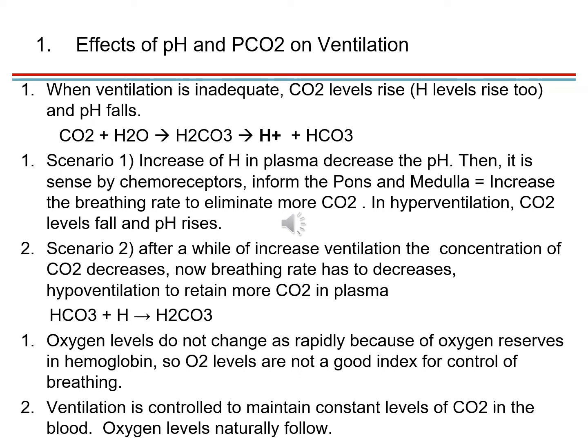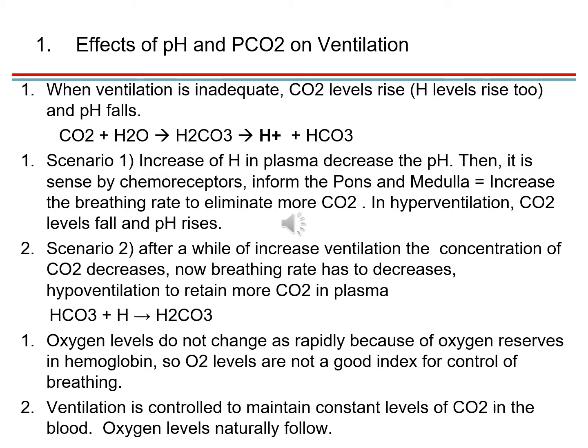Because oxygen is a molecule that our body needs, but carbon dioxide and hydrogen affect the pH tremendously, and these chemoreceptors are more willing to sense the levels of carbon dioxide and hydrogen, which are pretty much waste that we don't need to accumulate in our body, because those are the ones affecting, by increasing or decreasing, the blood pH.